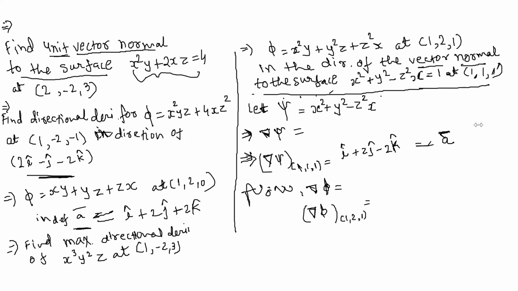Dhairya, first you gave the right answer and then you gave a wrong one. No Shruti. Your nebula phi at the point (1,2,1), what is it? 4i cap plus 5j cap plus 6k cap.